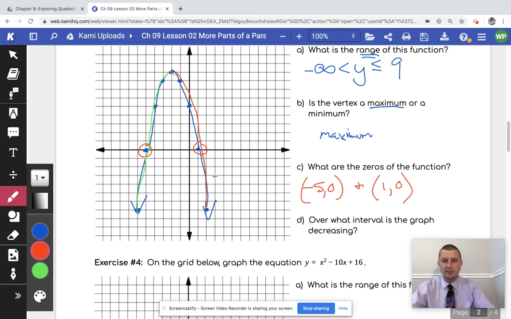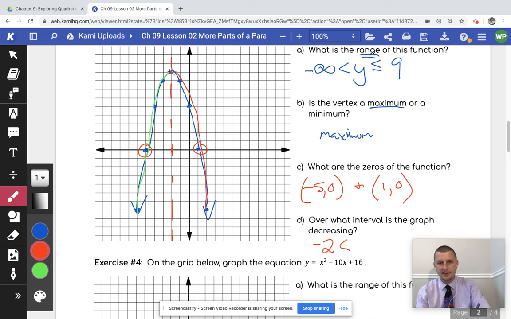Well, from my turning point. So I know my turning point's x value is, let's follow it down to the x-axis right here, negative 2. So it's going to decrease from negative 2 and all the way this way. Remember, we don't include the negative 2 when we're talking about increasing and decreasing.